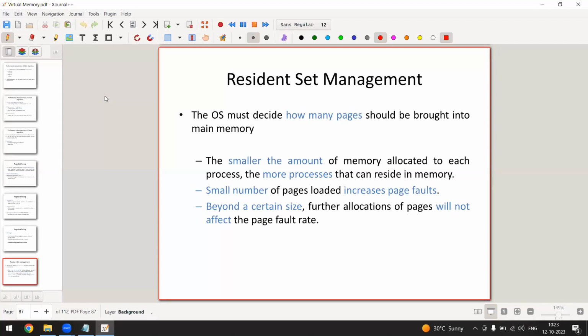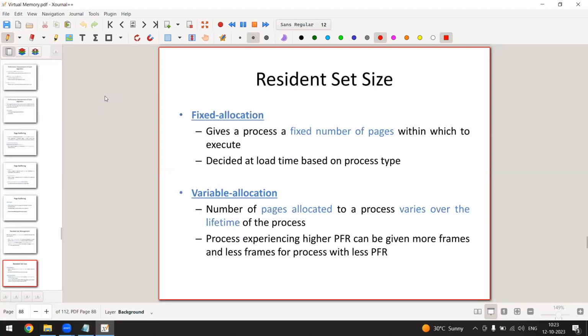But it also means that a smaller number of pages are loaded, which increases the page fault rate. And beyond a certain size, further allocation of pages will not affect the page fault rate. So there are two options for the resident set size.